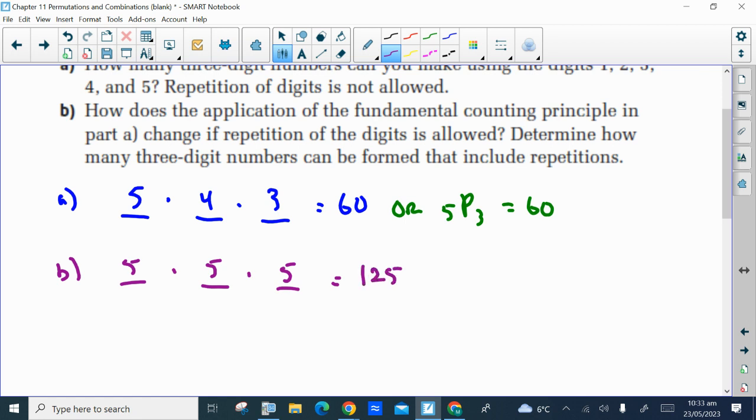Obviously a much larger answer. This also tells us that if repetition is allowed, you cannot use permutations. nPr is used if order matters, but also if there is no repetition. It cannot be used if repetition is allowed.